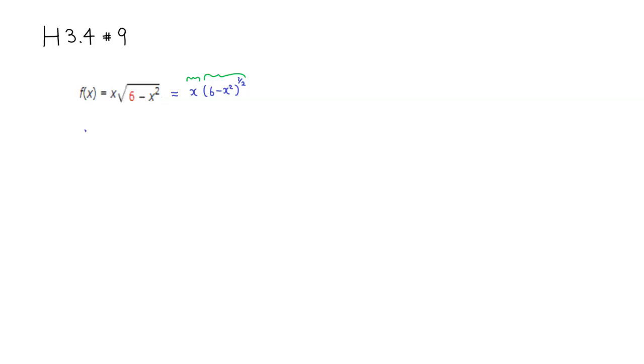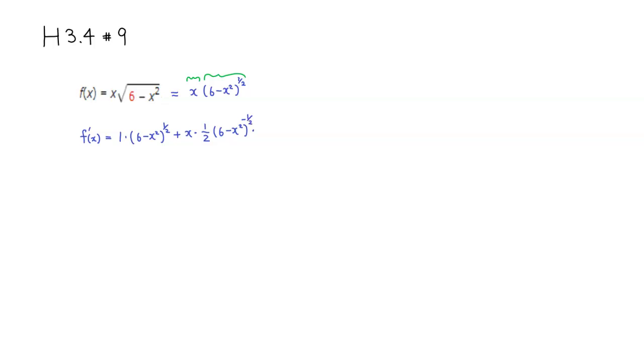So f prime of x is equal to the derivative of the first, which is 1, times the second, so you have 6 minus x squared raised to the 1/2 power, plus the first guy x times the derivative of the second, which is going to be put 1/2 in front and keep the inside function as it is, and then subtract 1 from the power, so it's a negative 1/2.